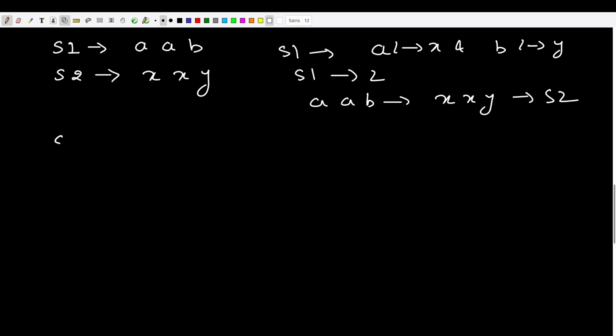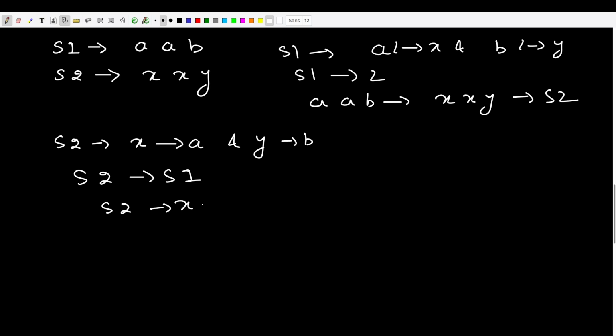Similarly, in the s2 string, if I replace all occurrences of x by a and all occurrences of y by b, then s2 can be transformed into s1, right? So for instance, s2 is basically x x y, and let us replace all occurrences of x by a and all occurrences of y by b, then this can be transformed into s1.